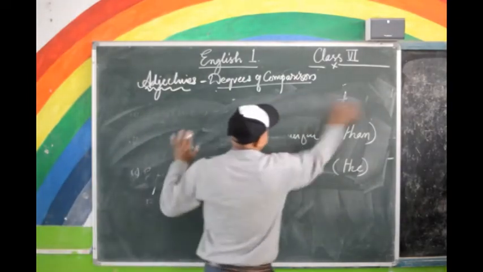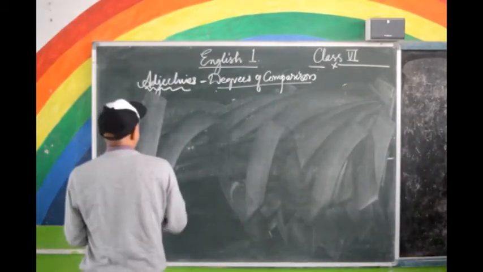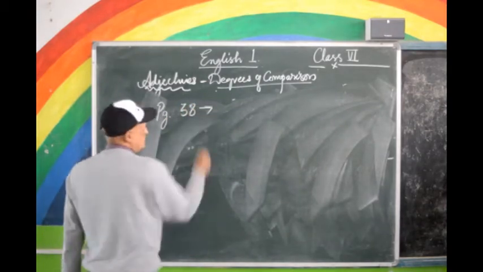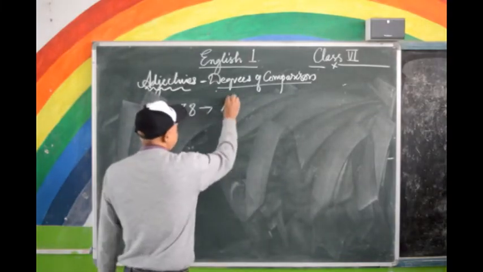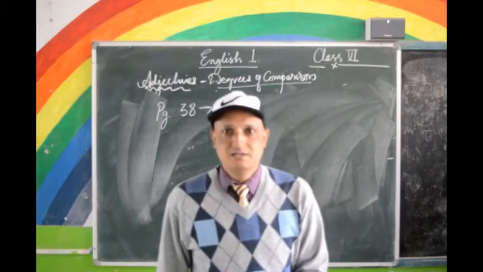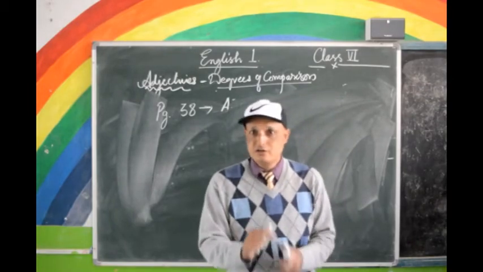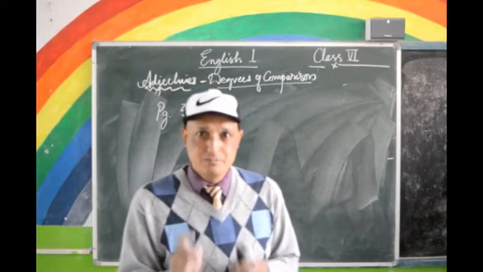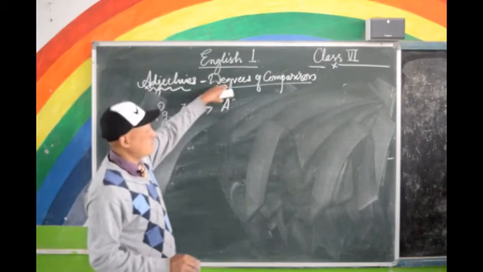Do turn to page number 38, exercise A, where you have been asked to speak out the comparative and the superlative degree of the words given below. Now you are not just going to speak it out, you are going to write it in your exercise book. Please keep in mind how you are supposed to do the assignment: page number, exercise, name of the chapter.